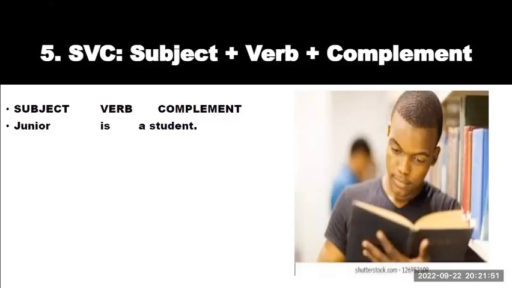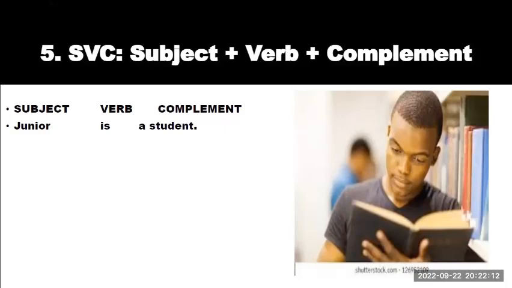But if we say Junior is a student, then Junior is simply the person we are talking about. And that reflects the 2 major meanings of the verb. The verb can report an action and the verb can report a state of being. Okay?